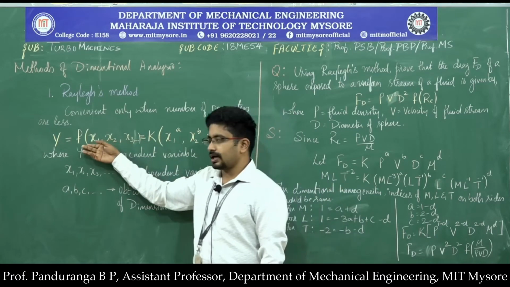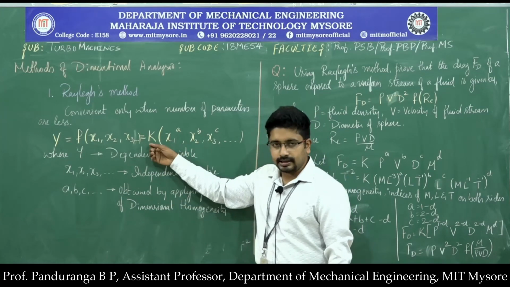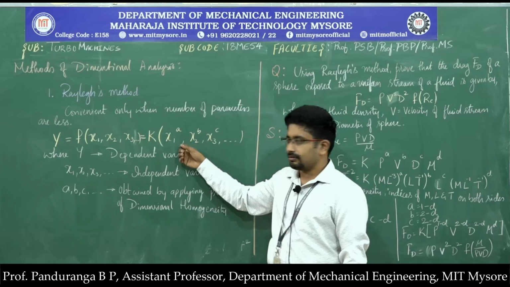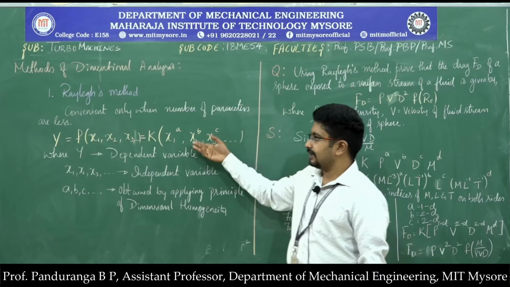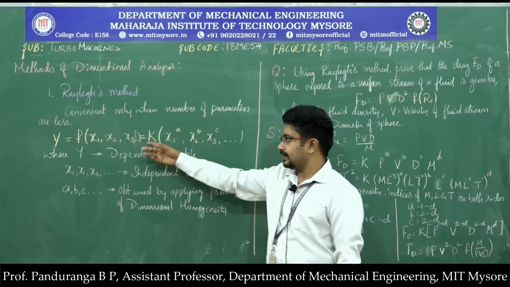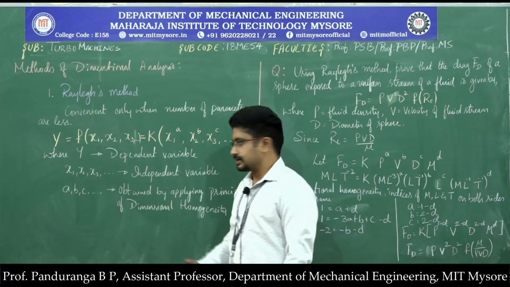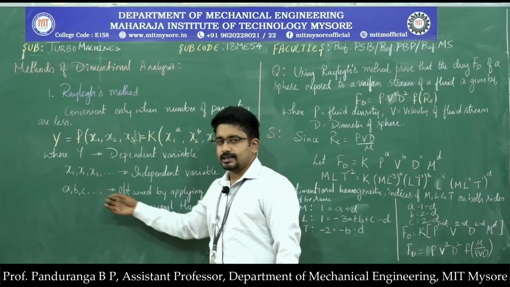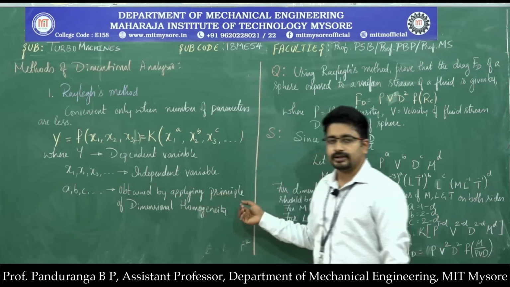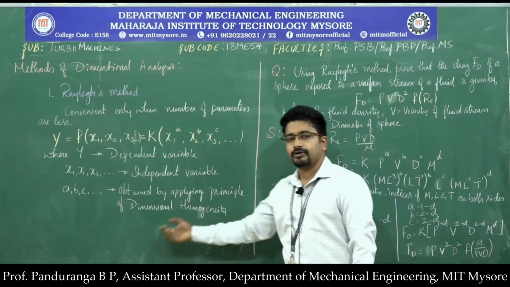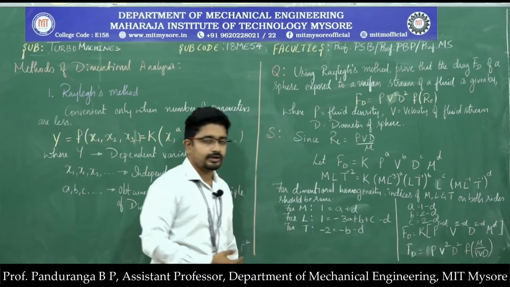This kind of relation can be expressed as k into x1 to the power of a, x2 to the power of b, x3 to the power of c and so on, with the help of Rayleigh's method, where k is a constant. k doesn't have any dimensions on its own. And a, b, c, the exponents of x1, x2, x3, can be obtained with the help of the principle of dimensional homogeneity. Now let us see an example for this method.